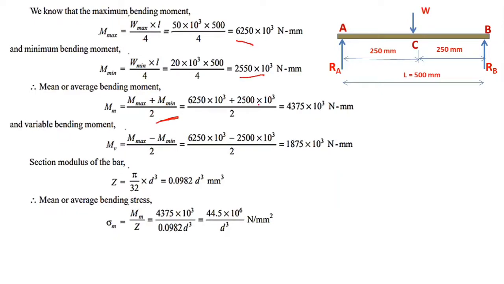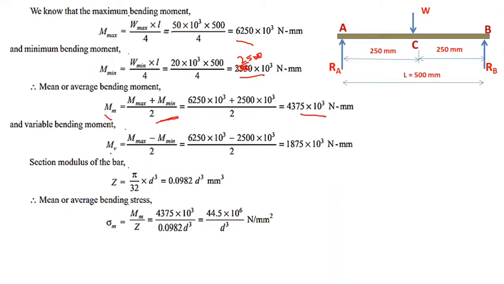So this one value is 2500. Now substitute the value of maximum and minimum load, and you can get the value of mean bending moment.